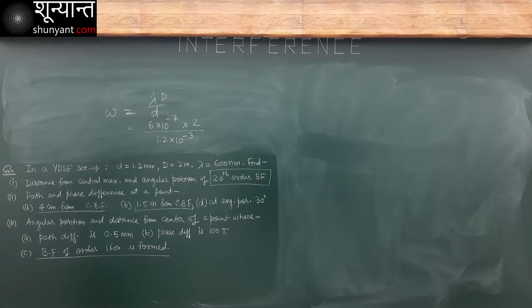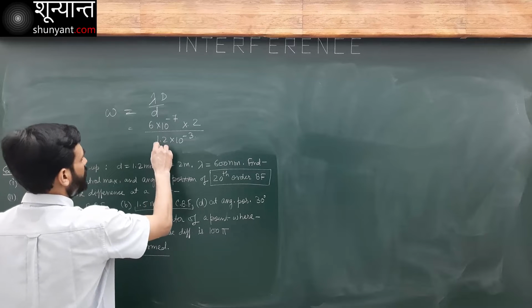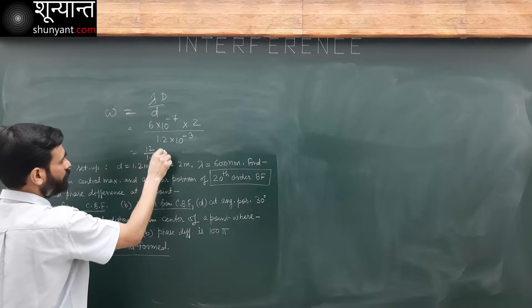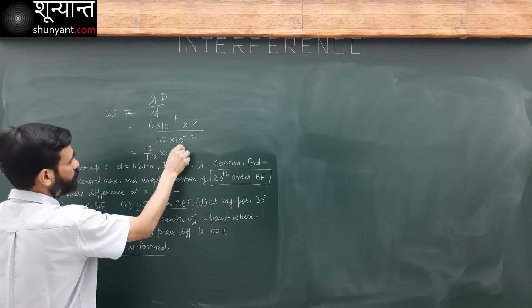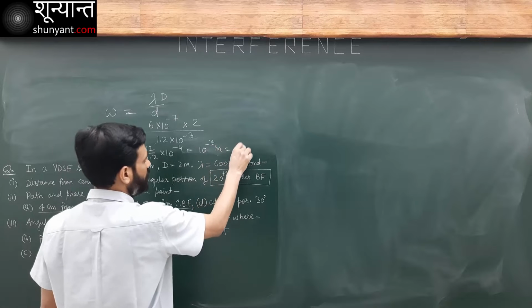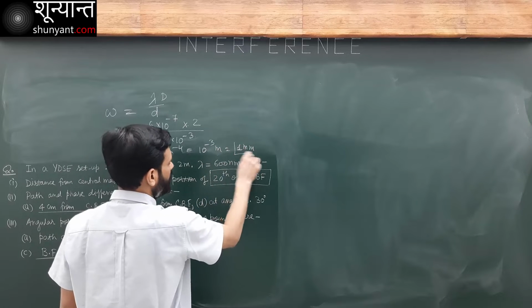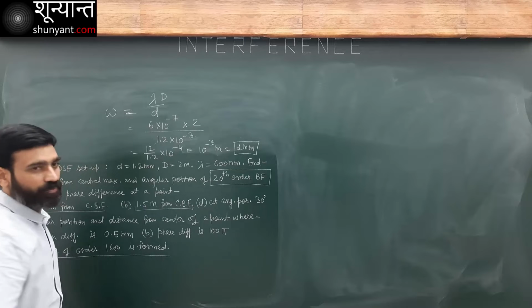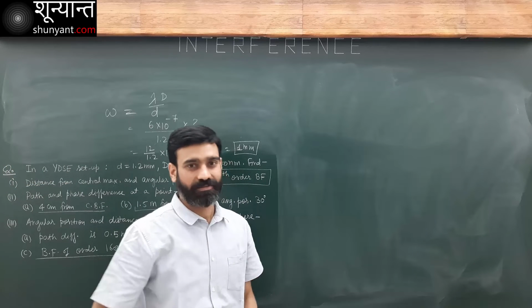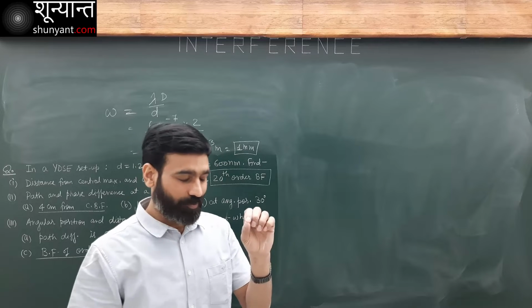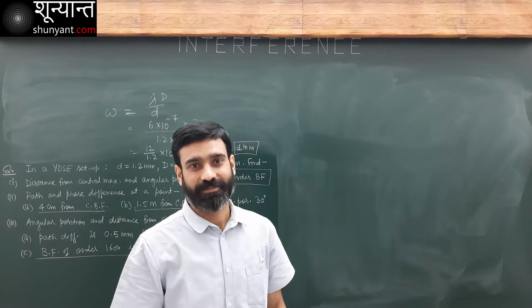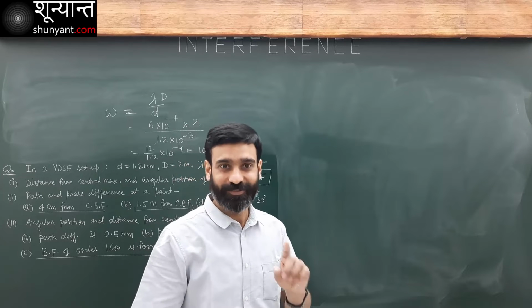So this becomes 12 over 1.2 times 10 to the minus 4, which is 10 to the minus 3 meter. This becomes 1 millimeter. Fringe width is 1 millimeter. That means every millimeter I am going to get bright fringes. If I start with one dark fringe, every millimeter I am going to find dark fringes. That is the meaning of fringe width.